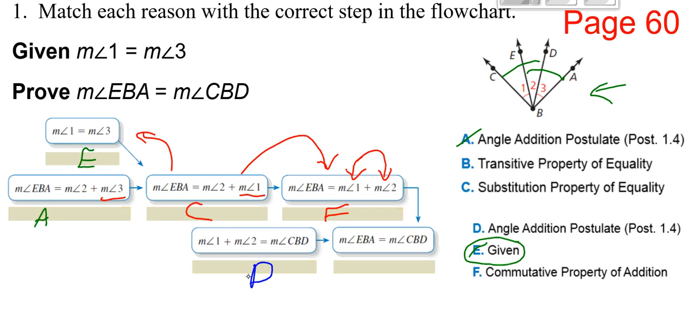So now the measure of angle CBD is equal to angle 1 plus angle 2, and the measure of angle EBA is equal to the measure of 1 plus the measure of angle 2. So therefore, by our transitive property, we see that those two measures are equal to each other. So there's another example of a flowchart proof as we work here.